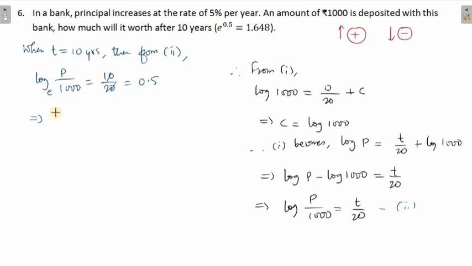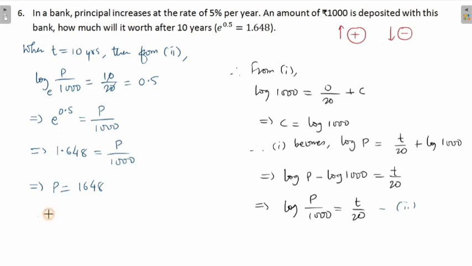If you express this in exponential form, you get e to the power 0.5 equals p by 1000, and you know e to the power 0.5 is given to be 1.648, equals p by 1000. Do the cross multiplication, so you get p equals 1.648 into 1000, which becomes 1648.